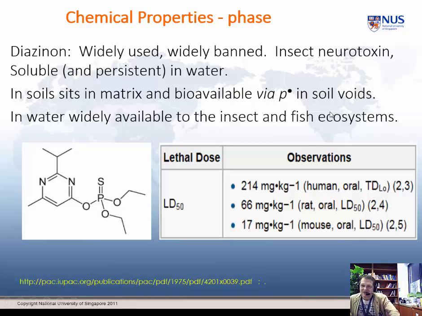However, when it gets into the water, it stays there a long time. It's very widely available to the insect and fish ecosystems in water, and it causes a lot of problems. So, the chemical properties of a substance determine its impacts.